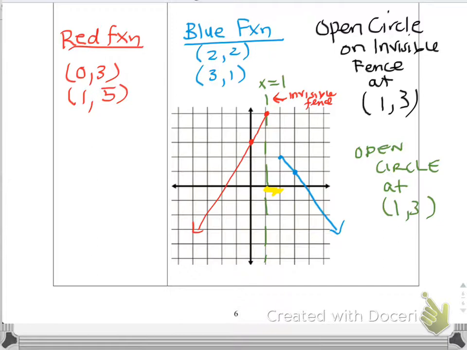But we want every value to go somewhere. Every value should be accounted for. So that's why we need that open circle at (1, 3), and then we can connect that. Now these points have somewhere to go. They're on that blue function. They're in the blue neighborhood.